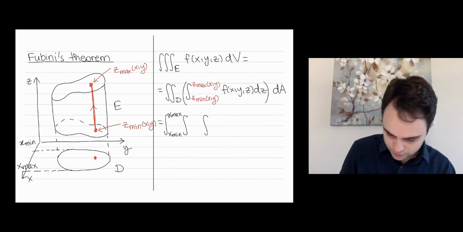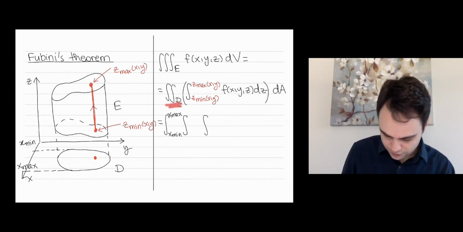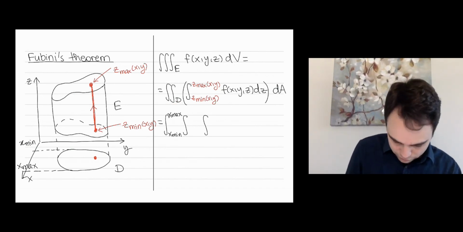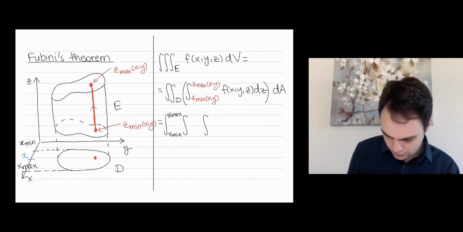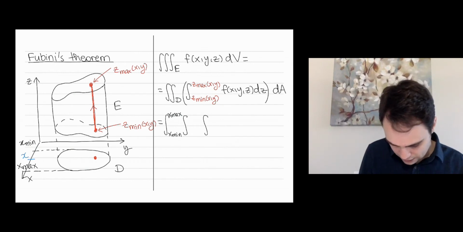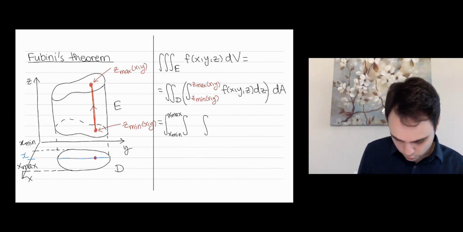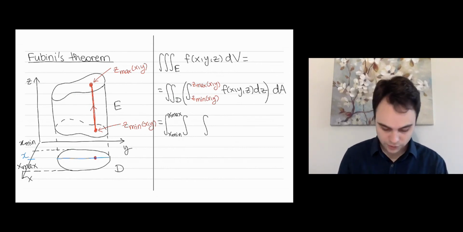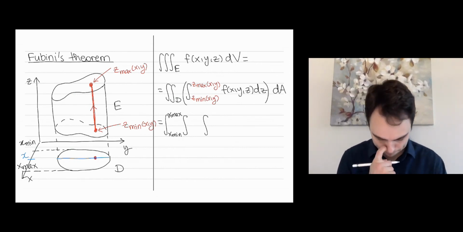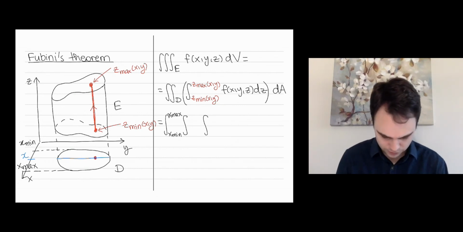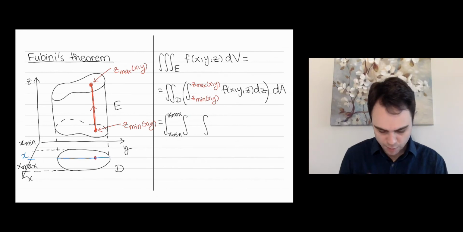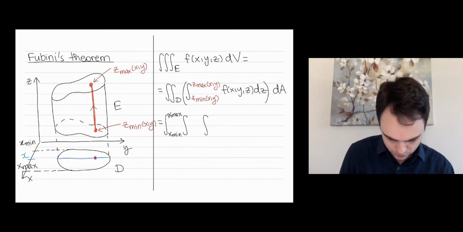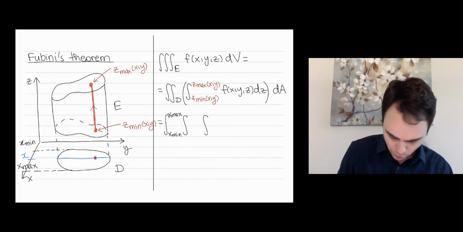We're setting up here a double integral over D. Then we fix an intermediate value of x between x min and x max, and we intersect our region D with this line, this copy of the y-axis, but where x is equal to the value we fixed rather than 0.